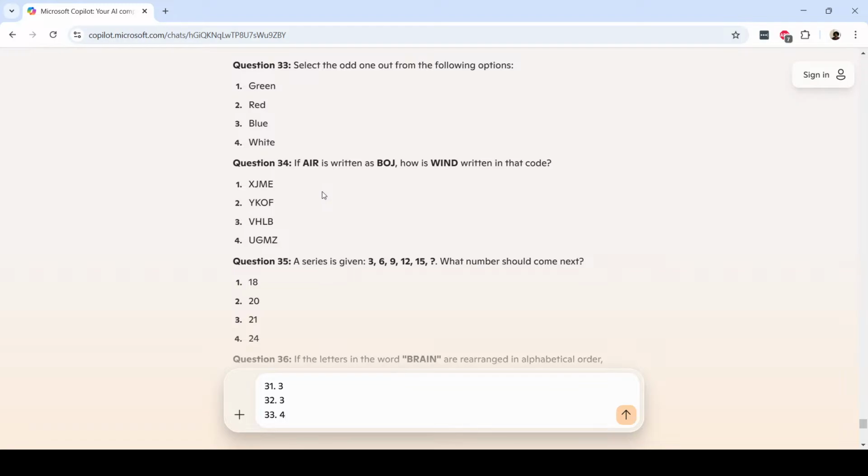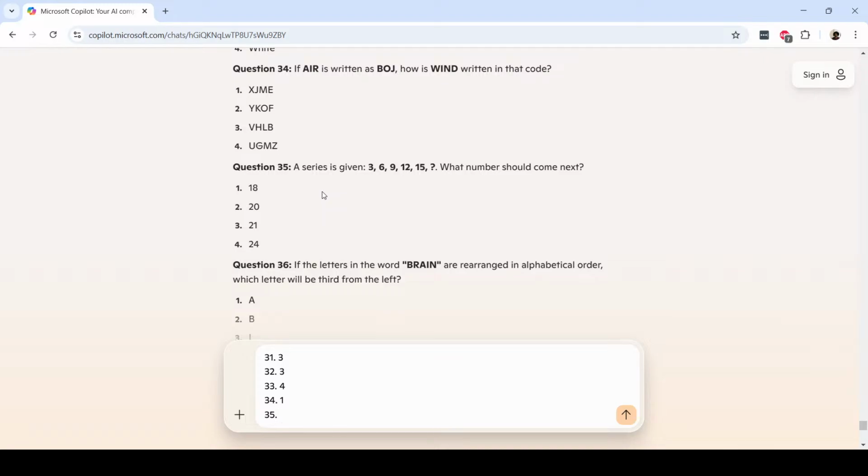So if air is written as BOJ, okay, then wind written in that code would be starting with X. I'm not giving much time on this to solving it, and we have only one option starting with X, so we will just go with that. And a series is given, it's a multiple of 3's, so 18.